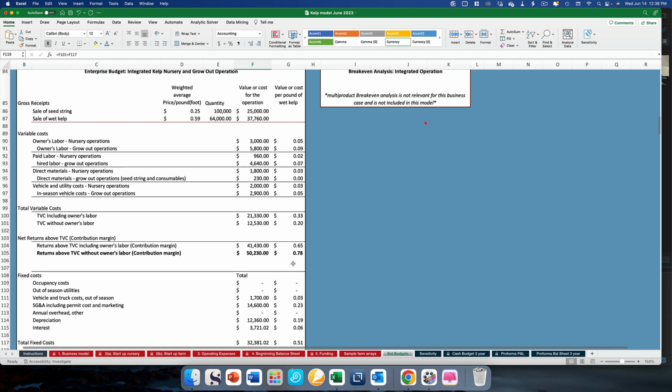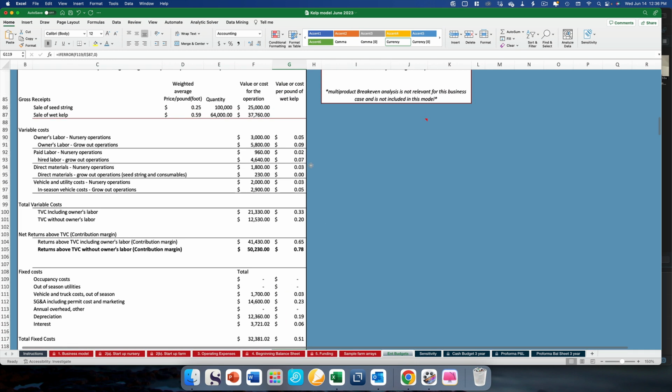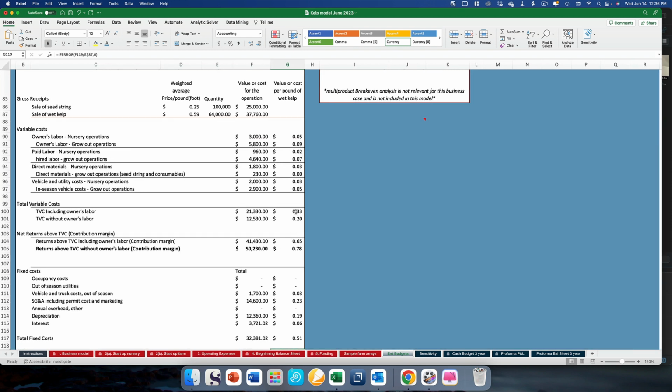As before, we are coming up with the same number for our profit as we did using the profit and loss statement, but we're looking at all these cost elements as a portion of the cost per pound of kelp that we produce. And so our total variable costs, given the cost structure that we have, are quite low here.